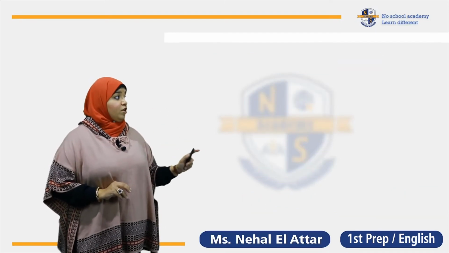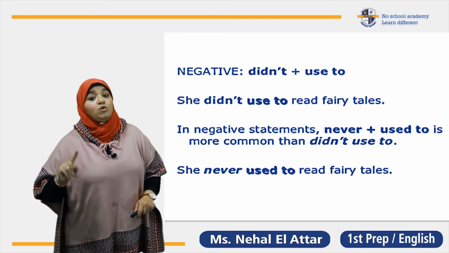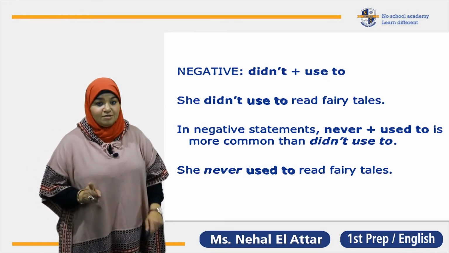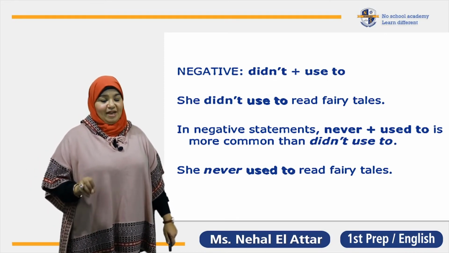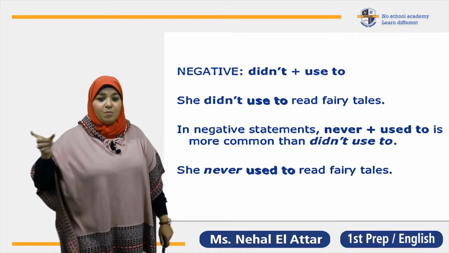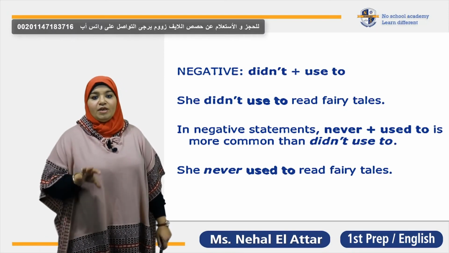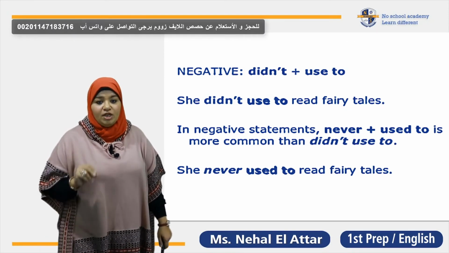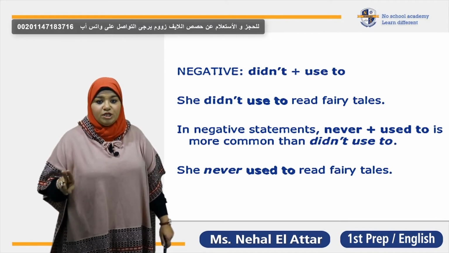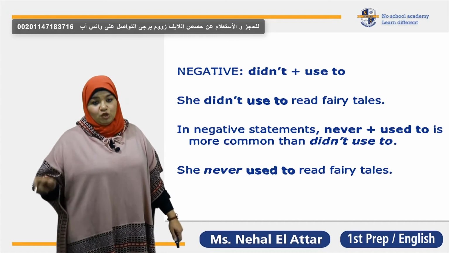For the negative form, we use didn't use to, not didn't used to. Don't get confused by this. And one challenge here, actually, if you want to pronounce or talk at a certain pace quickly, I bet you cannot differentiate between the pronunciation of two phrases: used to and didn't use to.